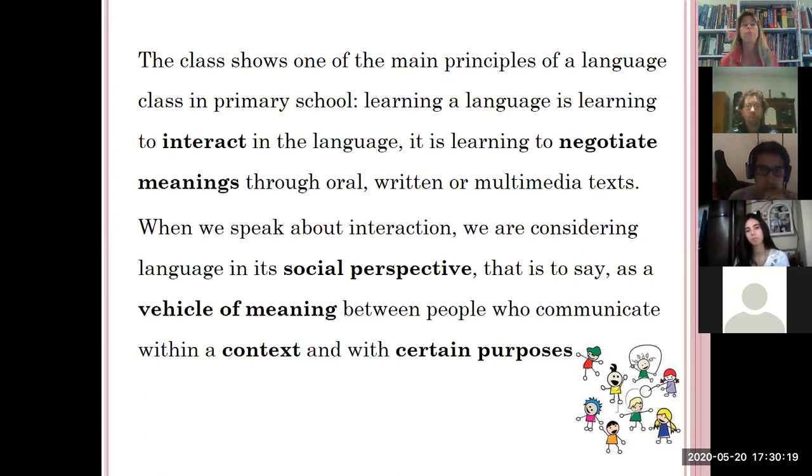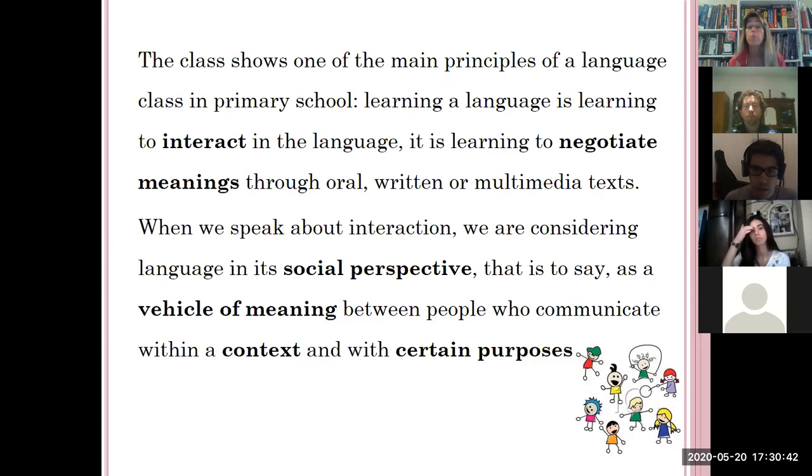If our view of language is a functional view of language, as we have already said in previous classes, we need to pay attention to these ideas, right? The idea of negotiating meaning, interacting in the language in meaningful situations and contexts.